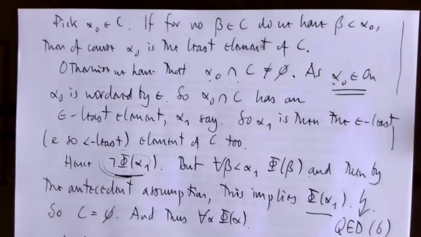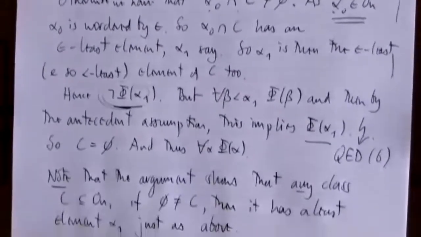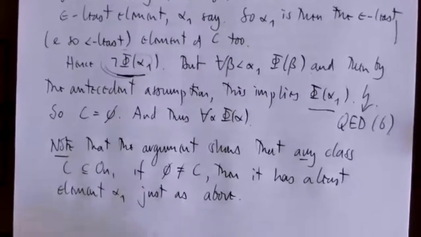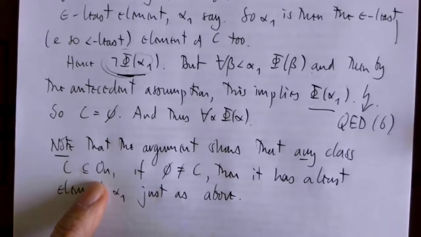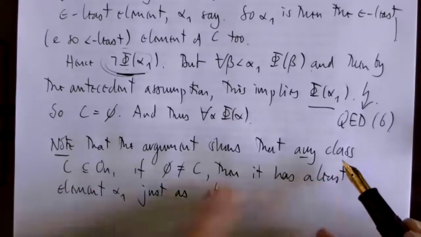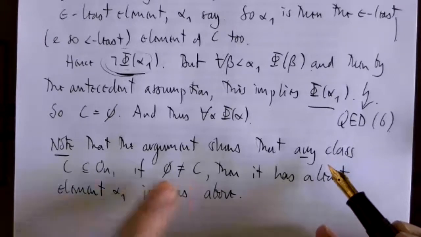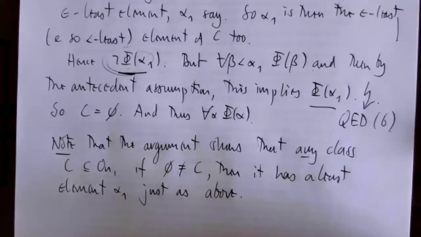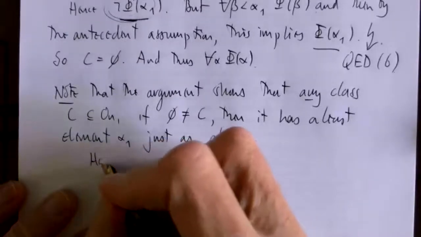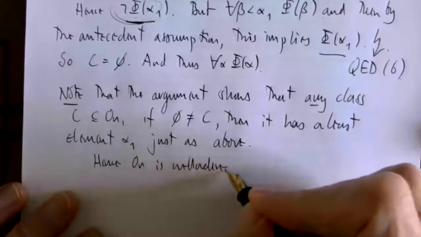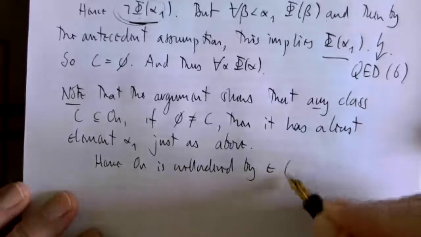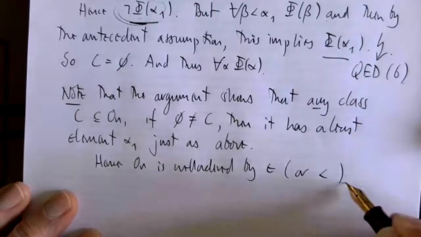We were just talking about, in general, a non-empty class C. So not only does any non-empty subset of the ordinals have a least element, any class, if it's non-empty, will have a least element. So the ordinals are well ordered by epsilon, or as we were defining it, by less than.